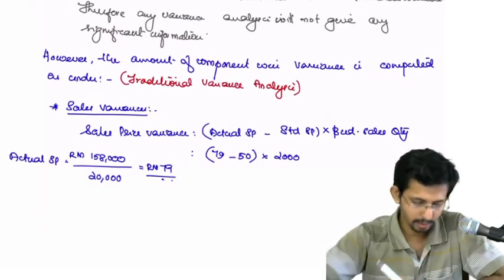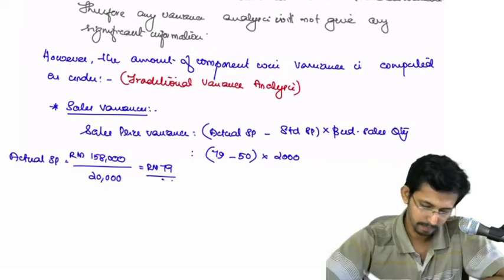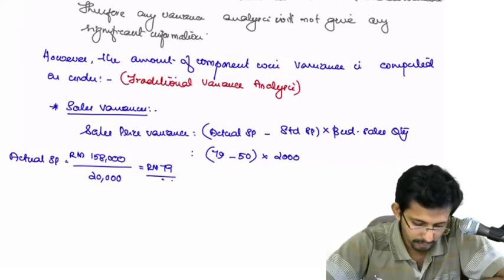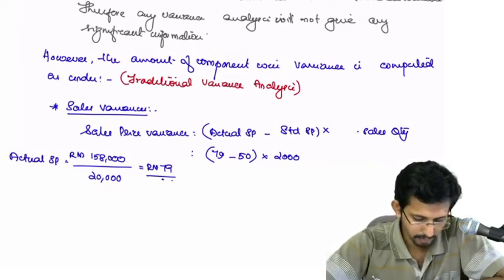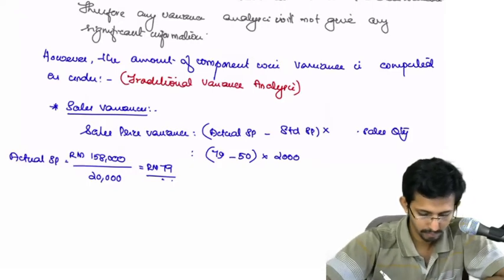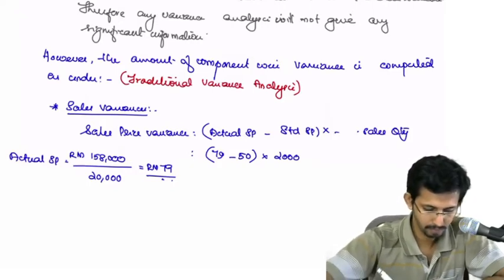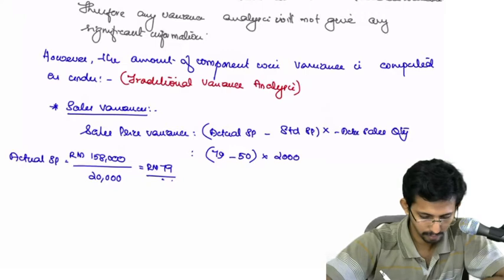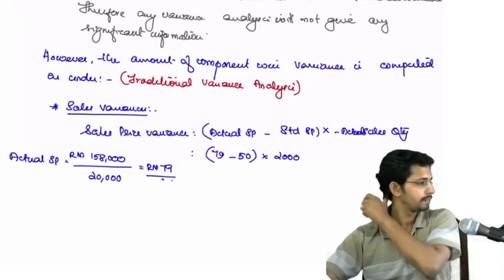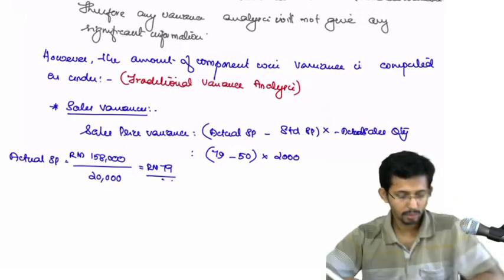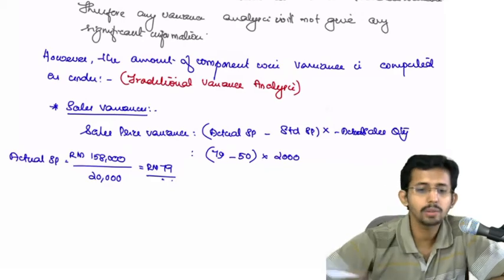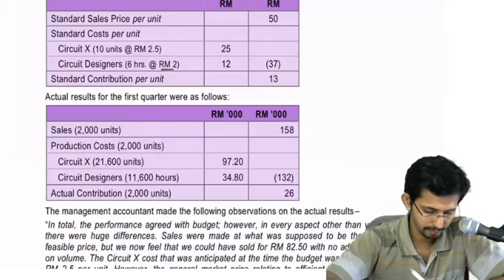Okay, sorry, it is not budgeted, it is actually actual. Okay, so actual is also 2000, right?